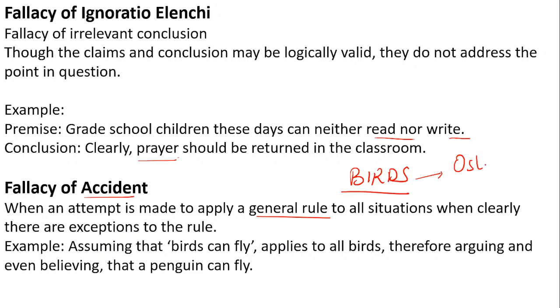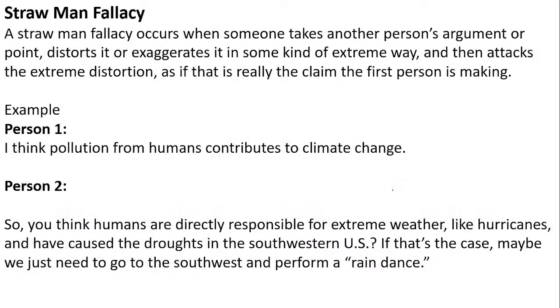For instance ostrich is there, penguin is there, kiwi is there. These are many birds who don't fly, but they are certainly birds. Fallacy of accident happens when you apply a general rule to all the situations, even though there are exceptions. So this is also an informal fallacy.